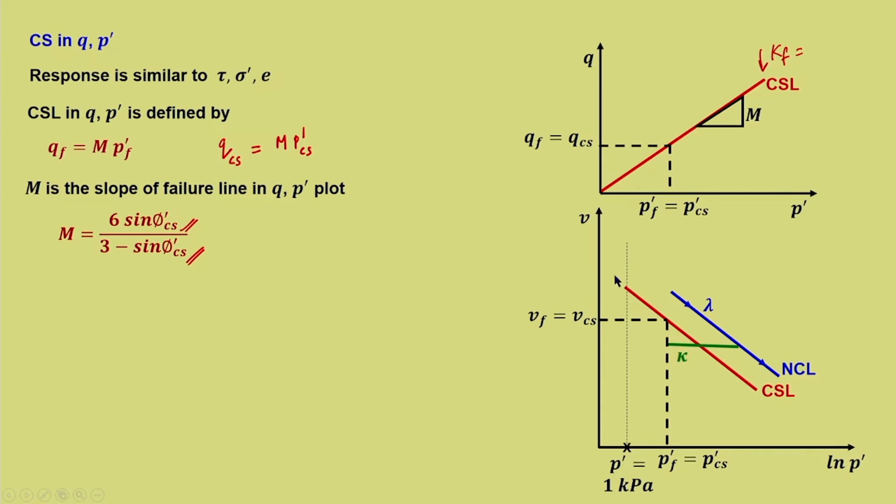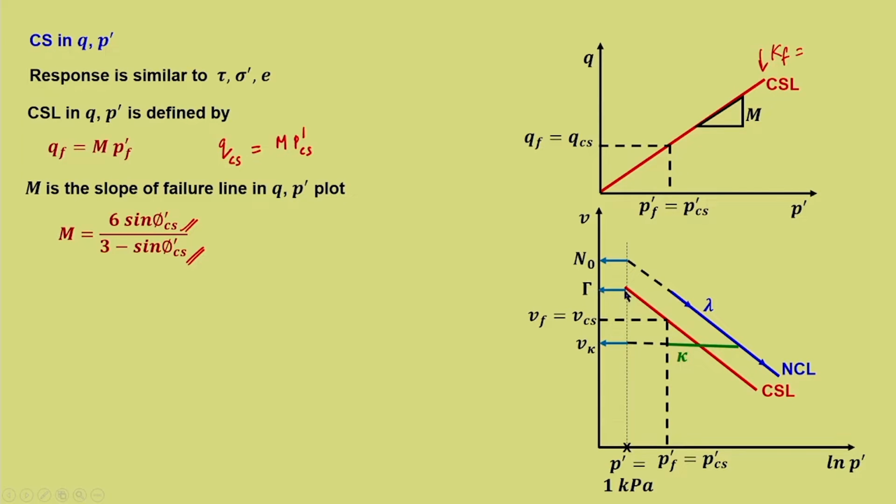We already have a reference point on every line which corresponds to p dash equal to 1 kilopascal. Here, for the NCL it is N naught, for the unloading-reloading line it is V kappa, and for the critical state line it is capital gamma.